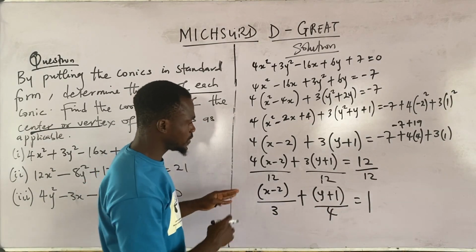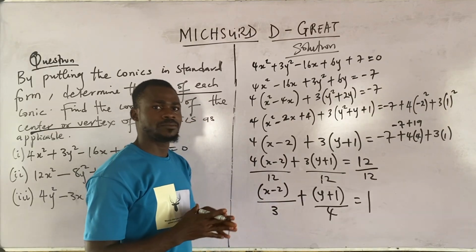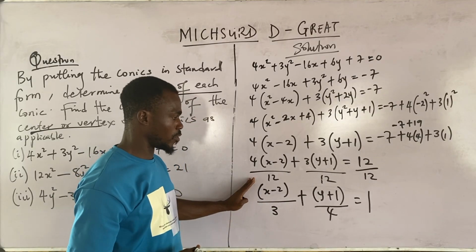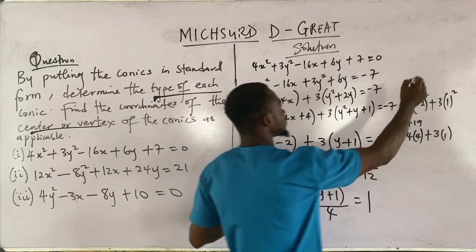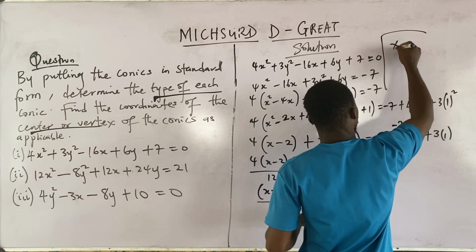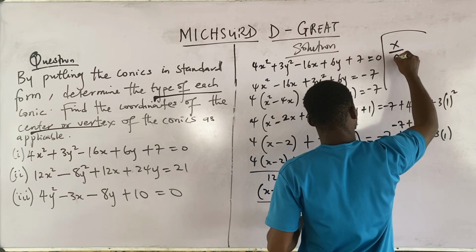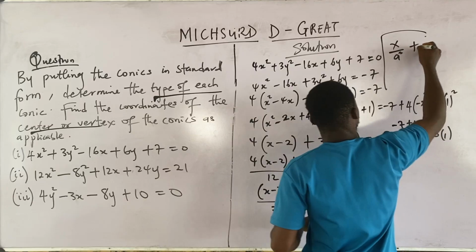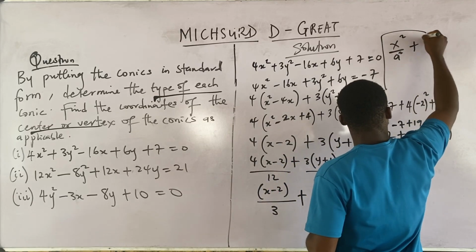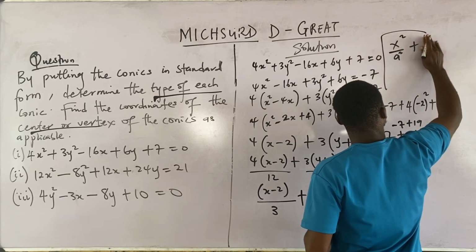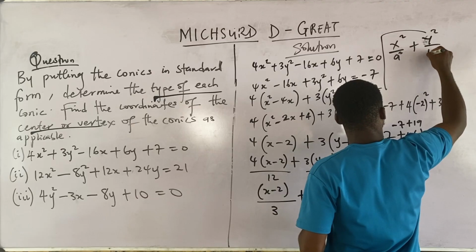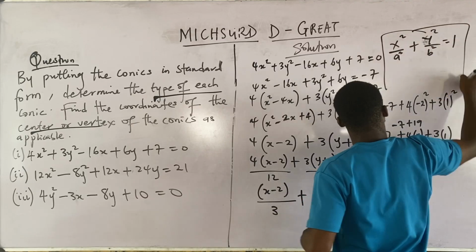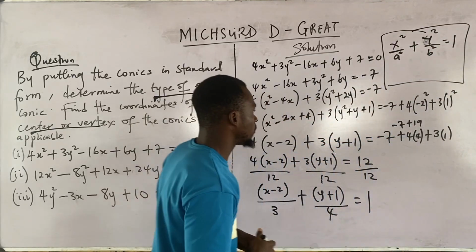So this is a typical ellipse. This is in the standard form of an ellipse. The ellipse has a standard form, which is x squared over a squared plus y squared over b squared equal to 1. So this is the standard form of an ellipse.